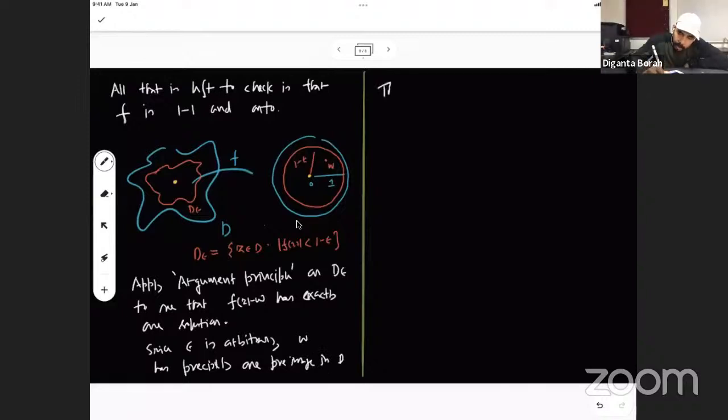This proves that f is bijective, and hence the proof of the theorem is complete. Okay, that's it. I'd like to stop here. Thank you.